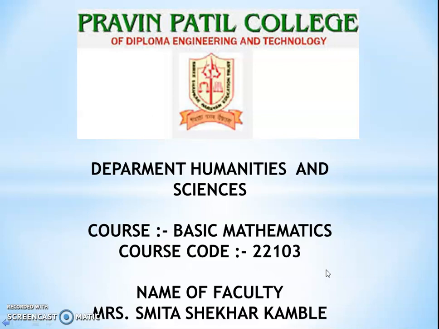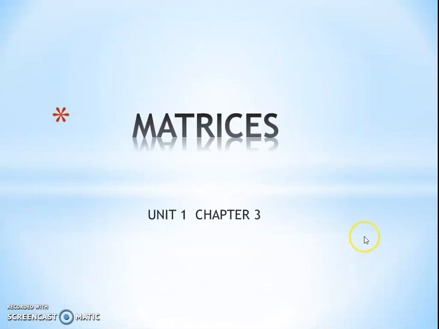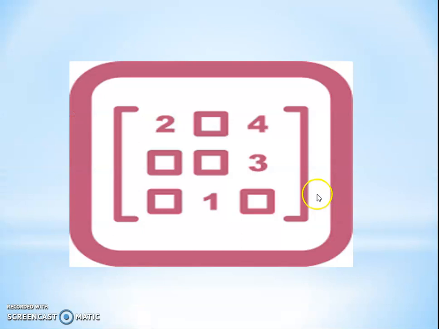In today's lecture, we have to start the previous related topic, that is the matrices chapter, Unit 1, Chapter 3. What you see in this diagram looks like an enclosed bar bracket, with numbers and some blocks.